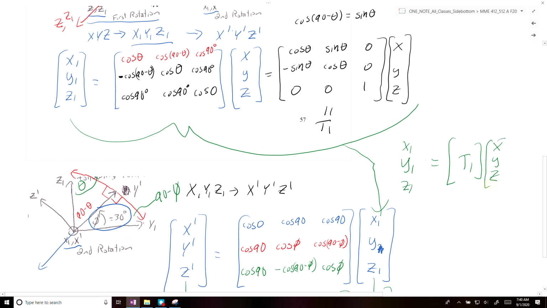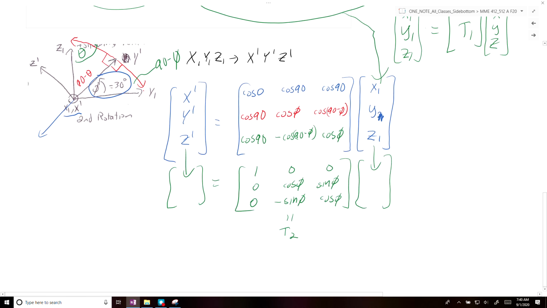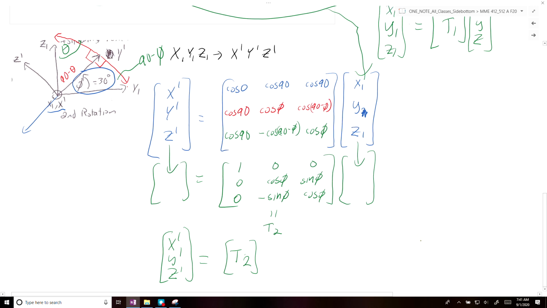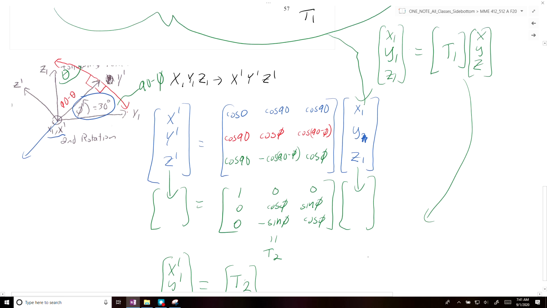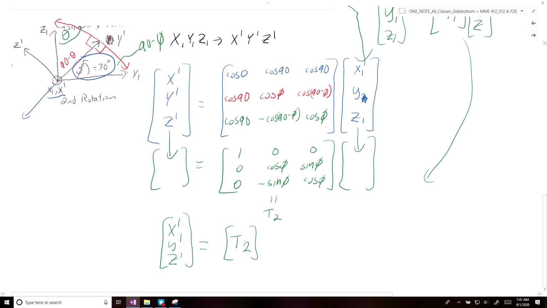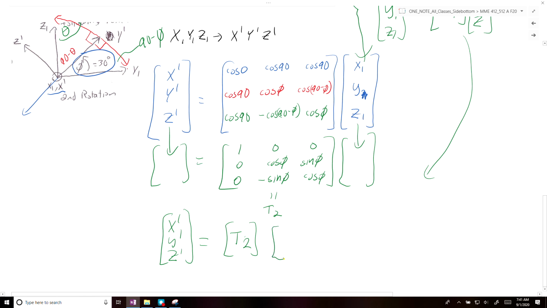So if we plug in this substitution, we get x prime, y prime, and z prime equal to T2, which is the transformation matrix to get from the x1, y1, z1 state to x prime, y prime, z prime, times T1 times x, y, and z.